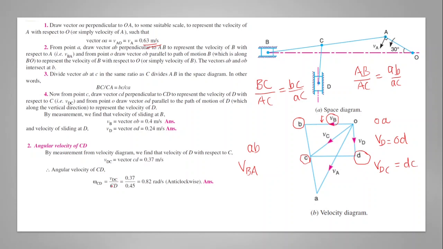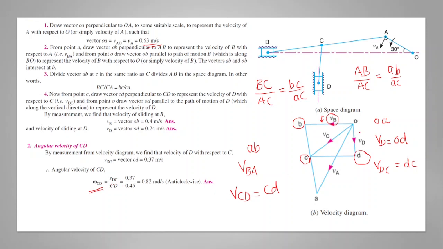Then velocity of C with respect to D is equal to small letter cd. Then omega CD, the angular velocity of CD, is equal to VCD, velocity of CD divided by CD.